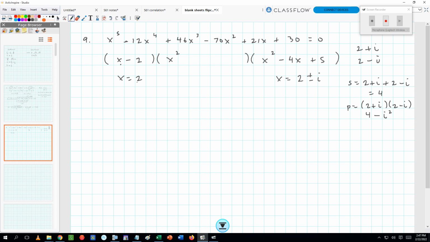So x and the x squared, the negative 4x, the 5, negative 2 and the x squared, with the minus 4x, with the plus 5. That gives me x cubed minus 6x squared plus 13x minus 10, and I'll do long division.